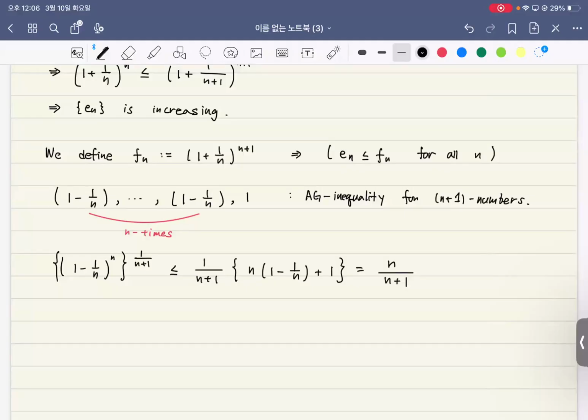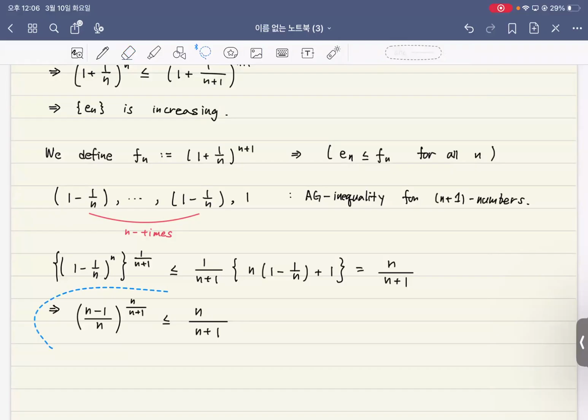Okay. So n minus 1 over n, so we have this. And I want to raise both sides of this inequality to the n plus first power.